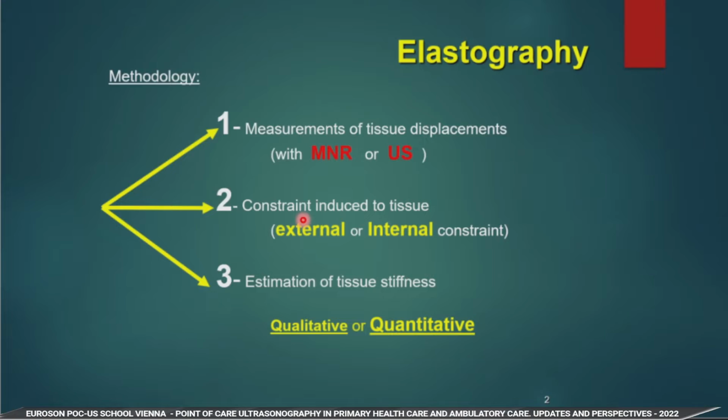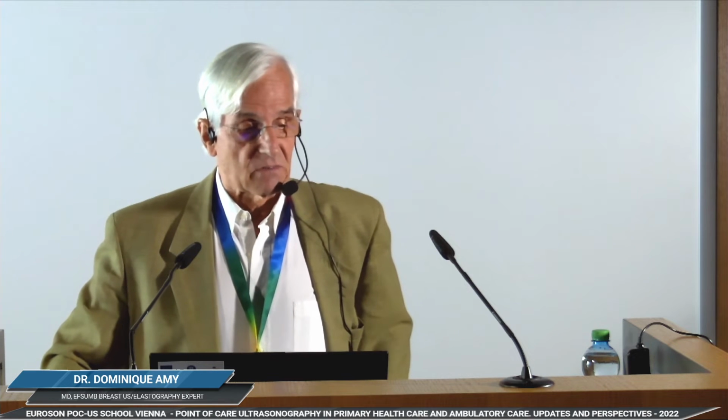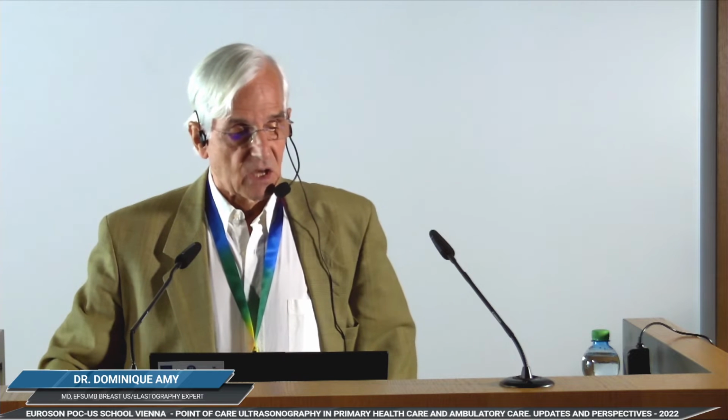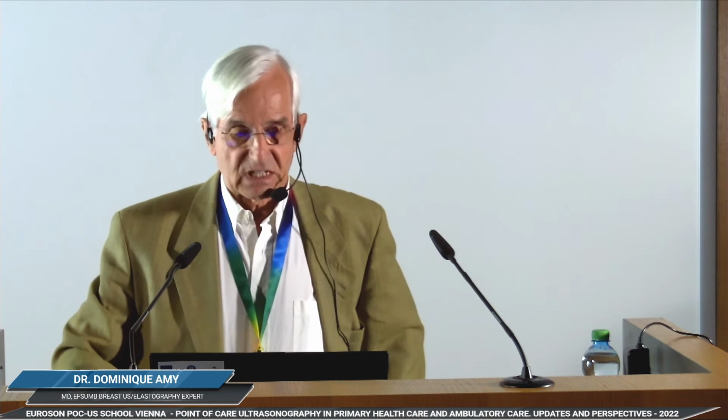Very fast, you know that you have two types of elastography, with MRI or ultrasound. Few people use magnetic resonance because it's very expensive and you have few machines. With ultrasound elastography, you have strain and shear, so you have qualitative or quantitative, two different types.